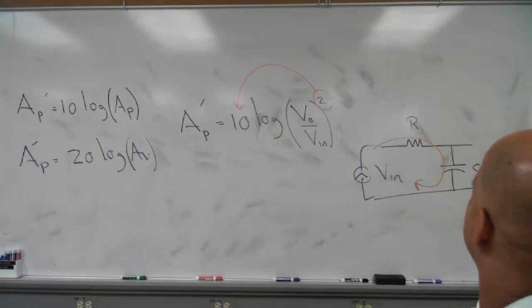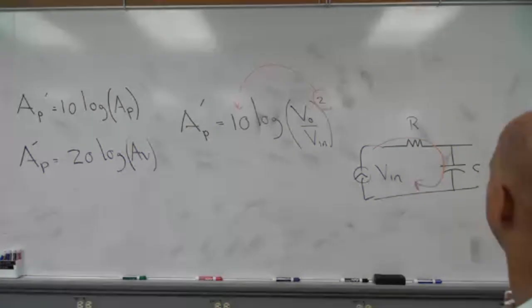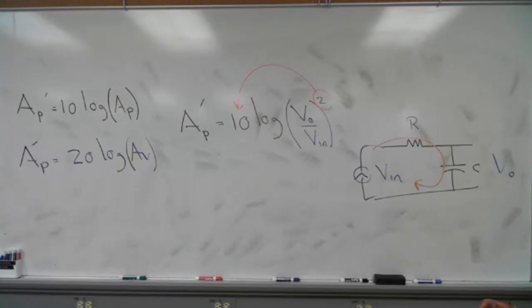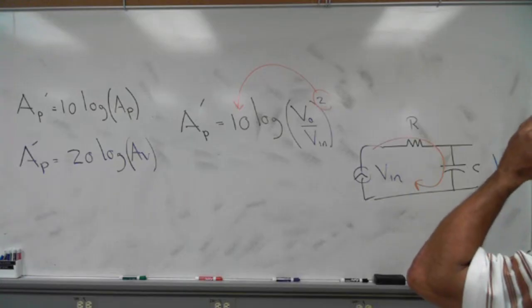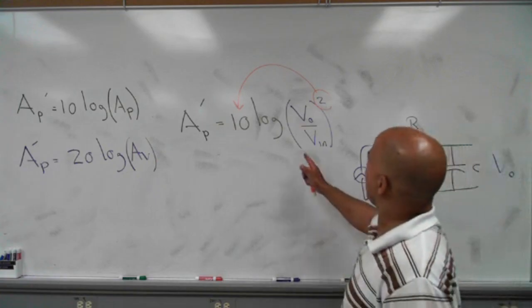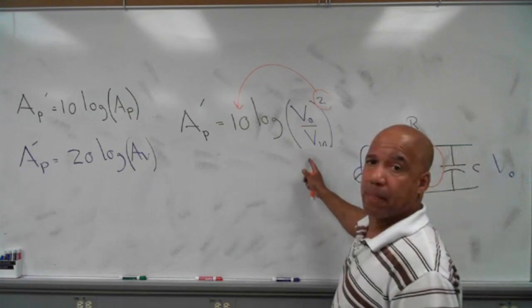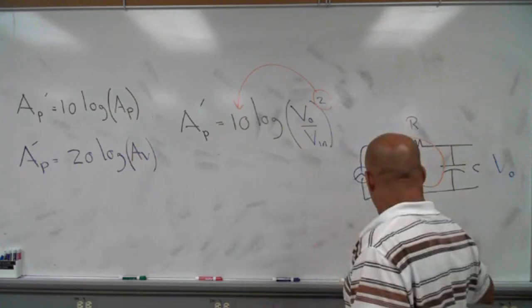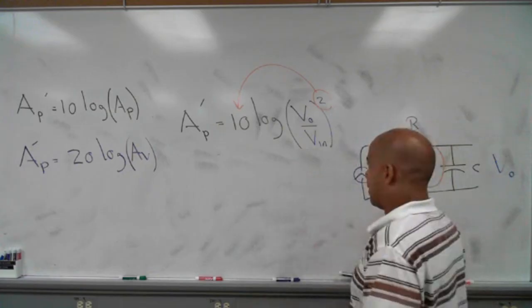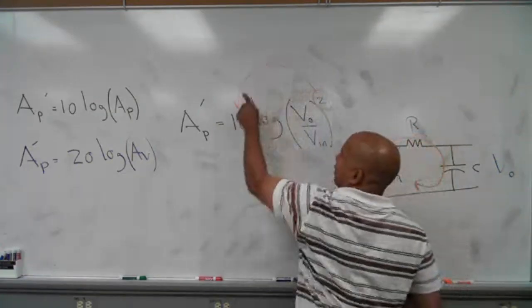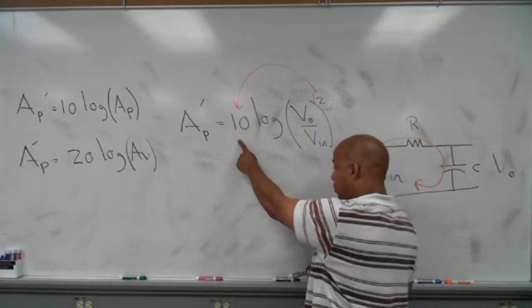Okay, I think I see it. We can actually start from right here. I said you can take the 2 down and multiply the 10 if you remember that from the logarithm.